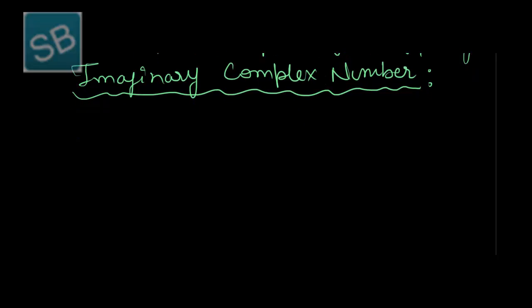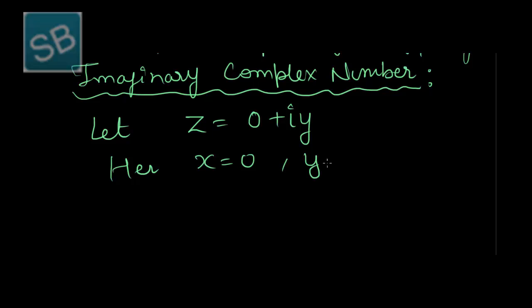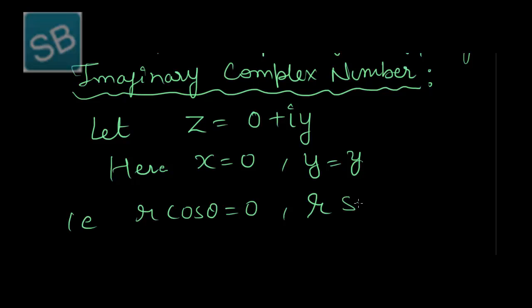So let z is equal to 0 plus iota y be a purely imaginary complex number. Here x is equal to 0 and y is equal to y. That is, r cos theta is equal to 0 and r sin theta is equal to y.